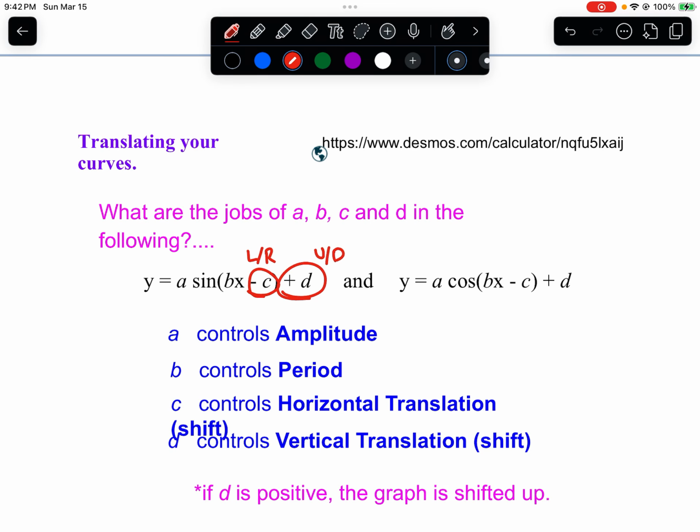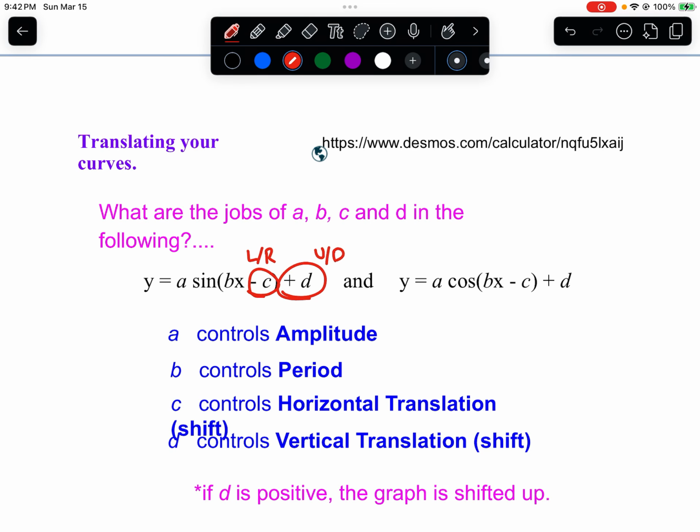So if you were to see an XY coordinate with a negative value, if I had a negative C, normally we would think on a graph, negative takes us left. Within these left-right translations, I'm going to write it down here.